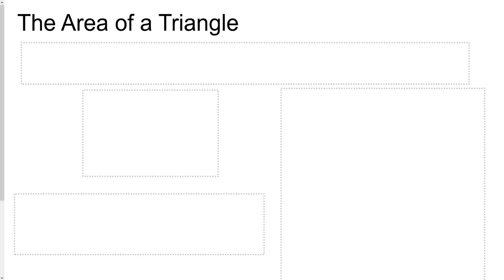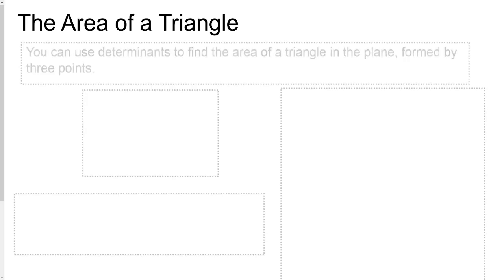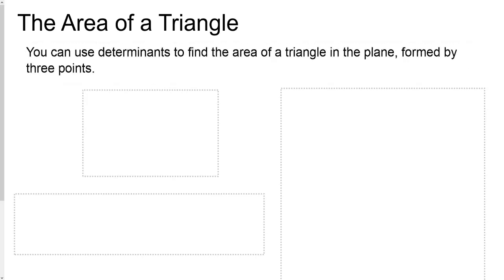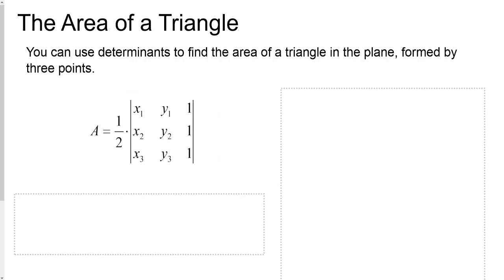Another application is finding the area of a triangle. So you can use determinants to find the area of a triangle in the plane formed by 3 points. So the formula is the area is equal to 1/2 times the determinant of the 3 by 3 matrix x1, y1, and the number 1, x2, y2, and the number 1, x3, y3, and the number 1.